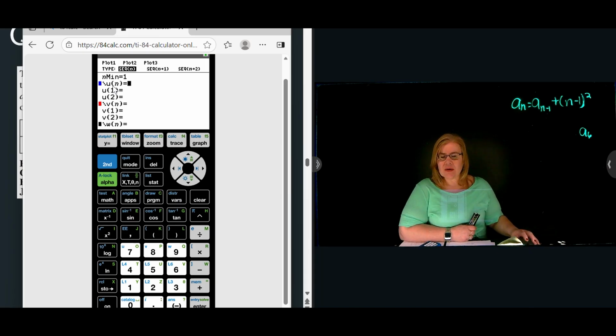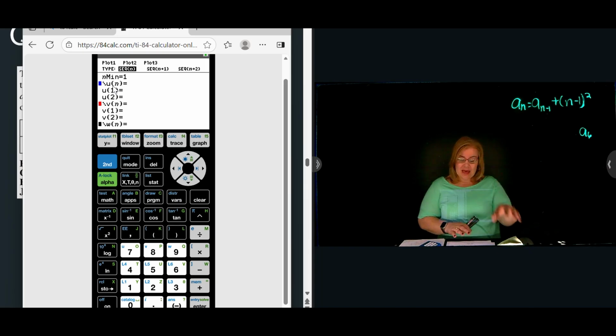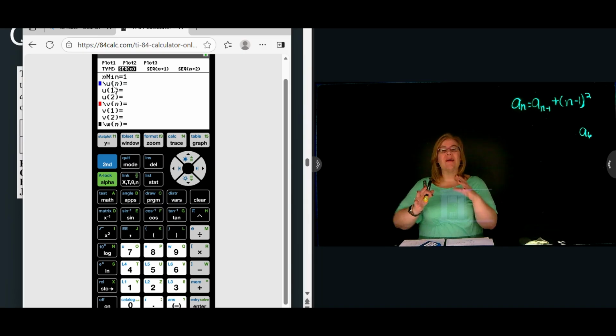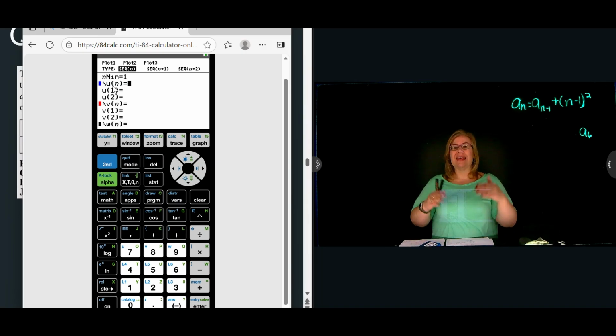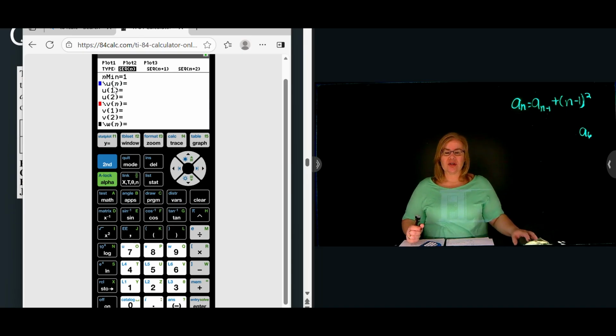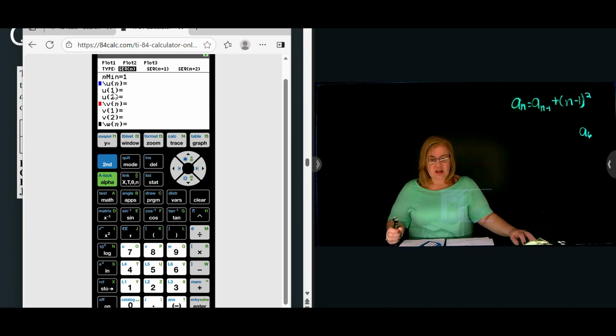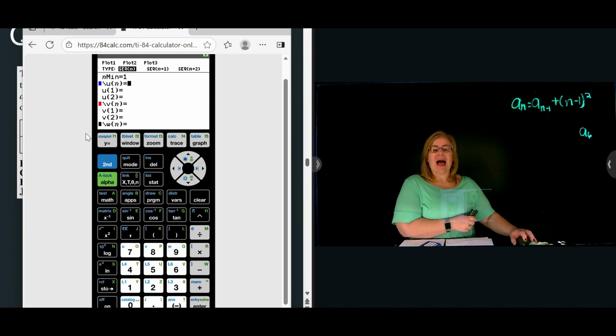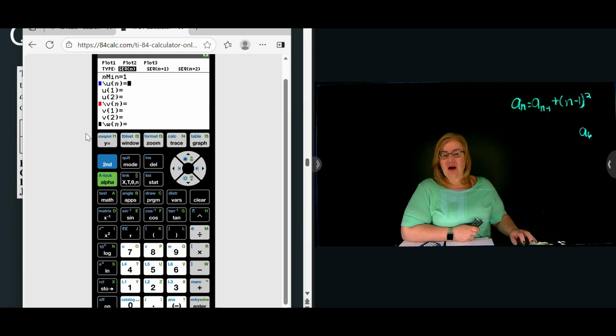Now, this next one, u of n, that is where I put my formula, telling me I'm looking for the nth term. I could look for any of them, but that's where I'm going to put my recursive formula. I have to put a u here.